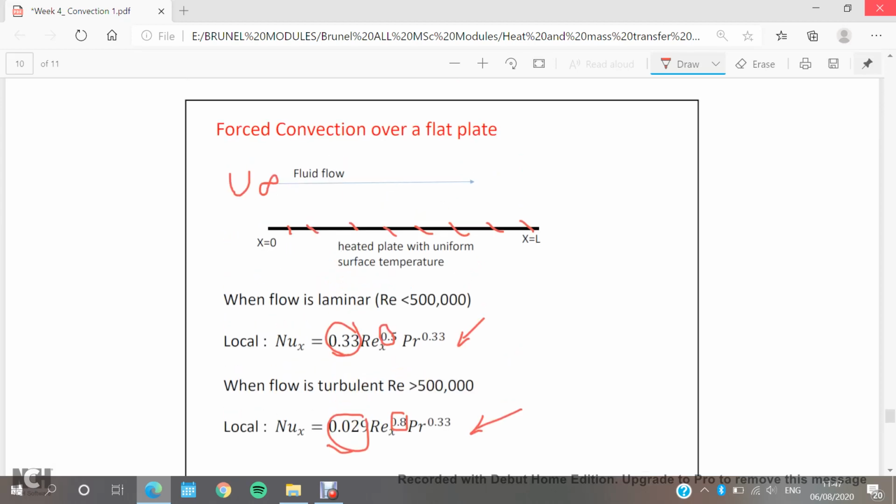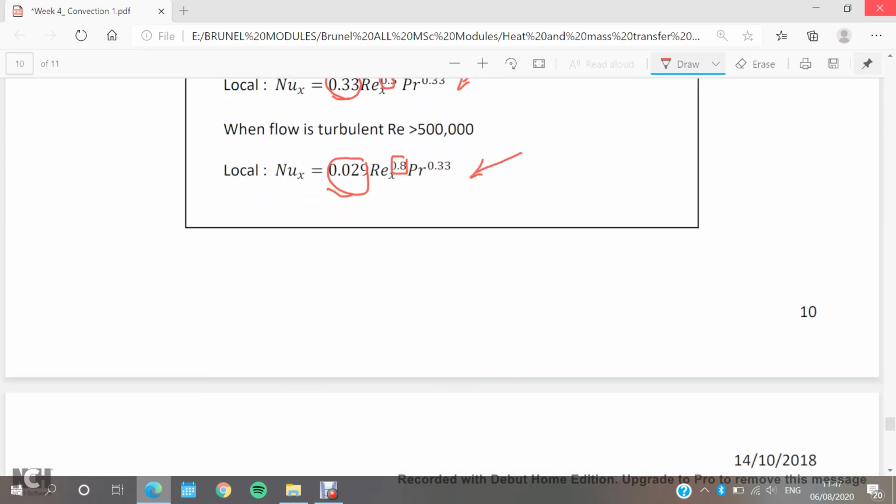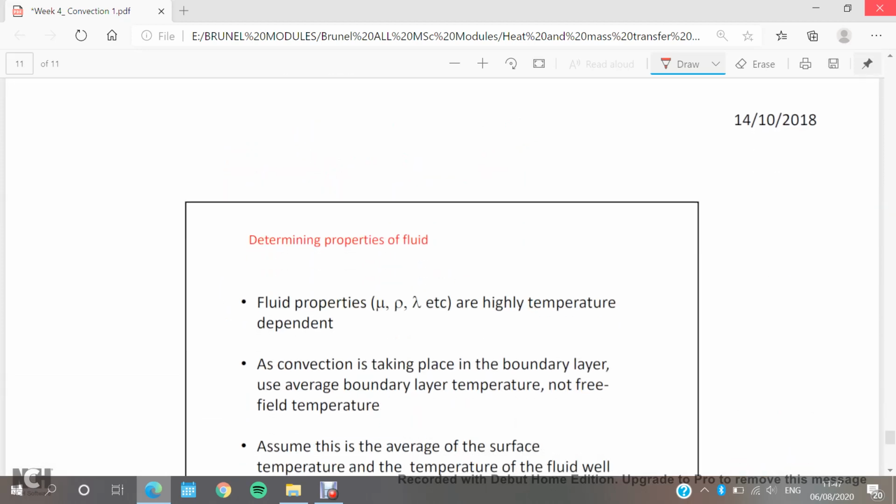So this is the case of forced convection. What about natural convection? What is the difference between natural and forced convection? Actually, it will not be too different, except that the free stream velocity in forced convection will be much higher than in the natural one.